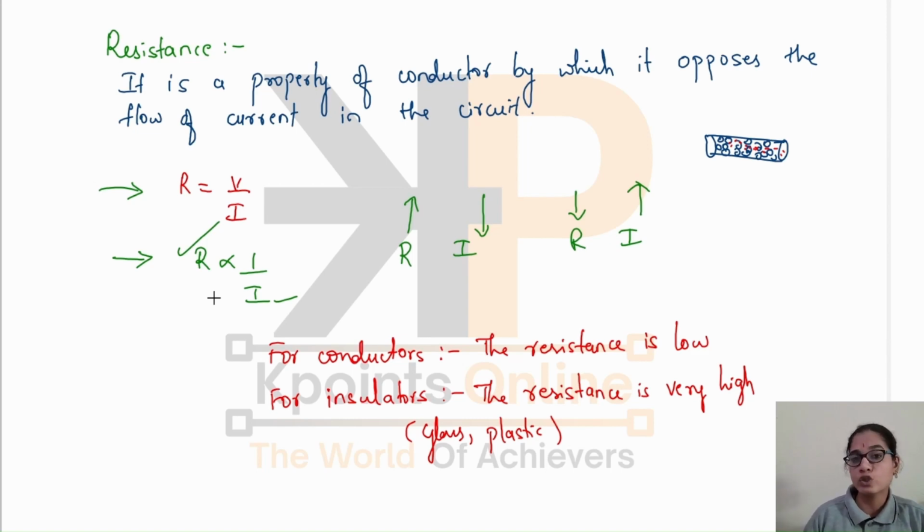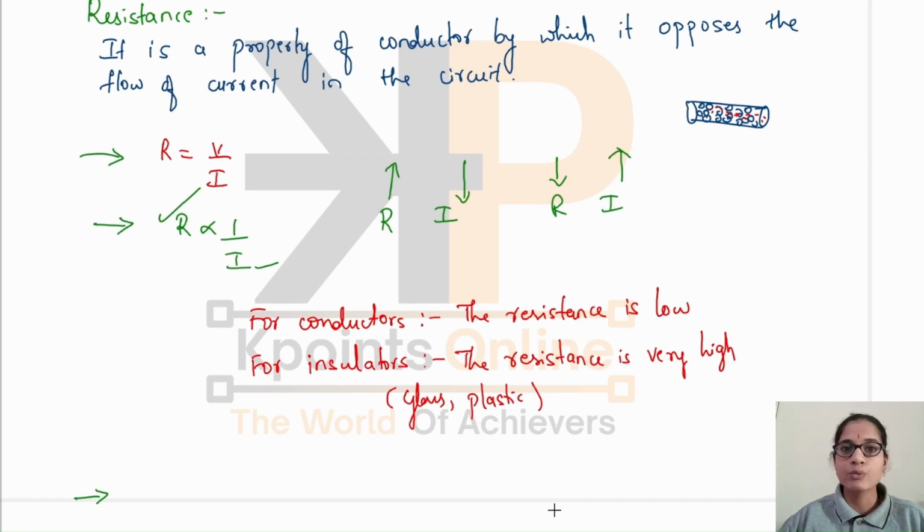And we will also come across some class of compounds like semiconductors, which you will study in your higher classes. Their conductivity is in between conductors and insulators. You have to remember one more point: resistance can never be equal to zero, which means every material offers some amount of resistance.